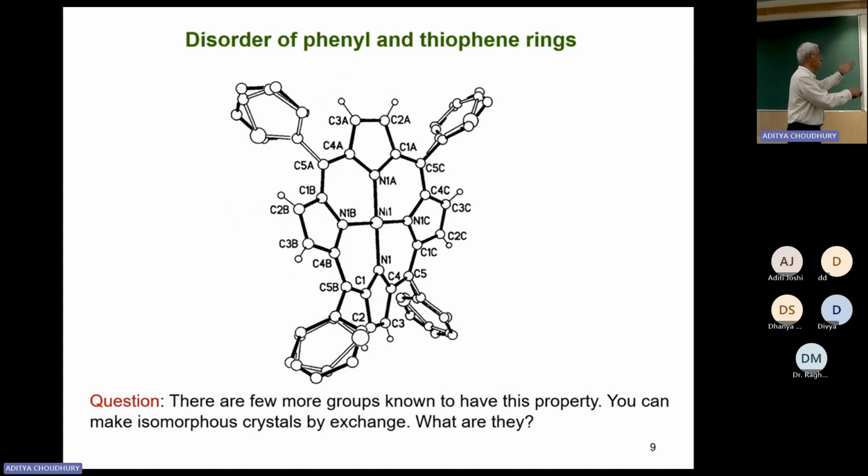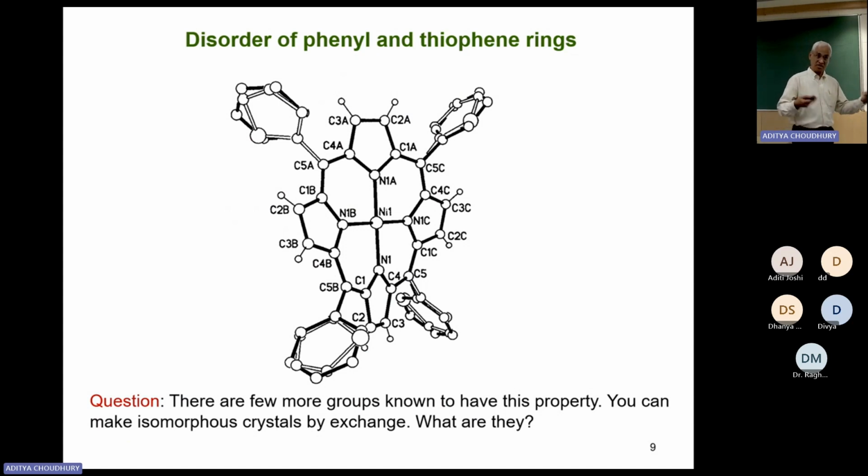So when you try to look at them, they are always in one unit cell this way, and in another unit cell the thiophene is on this side. So what you see is the average structure over Avogadro's number of molecules in the crystal. Because you see the average structure, it looks like disorder.